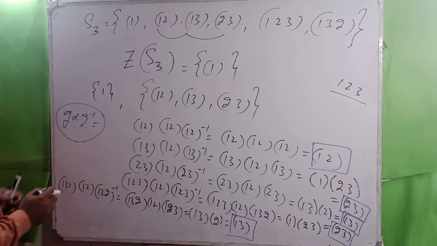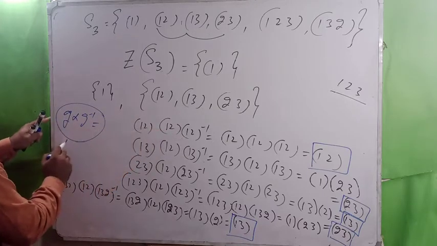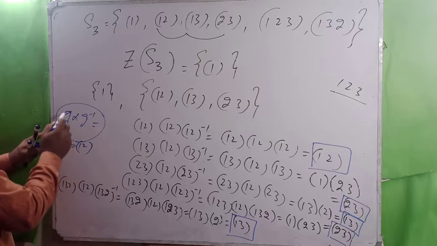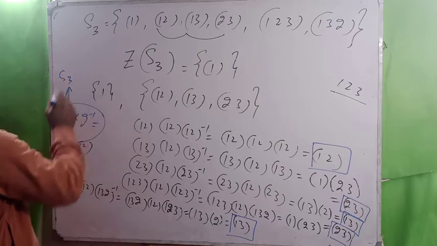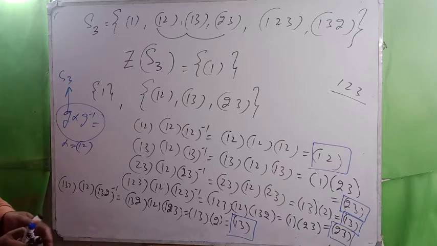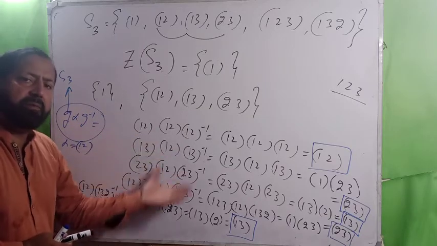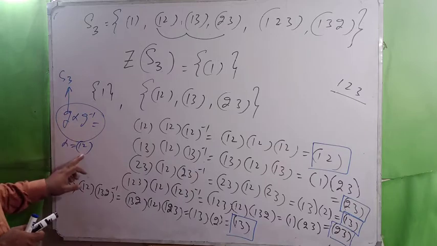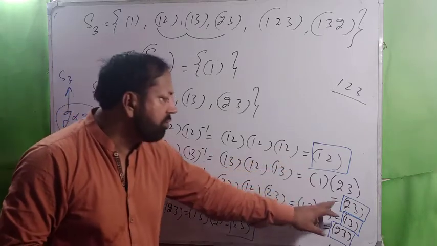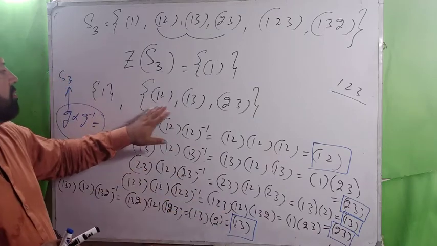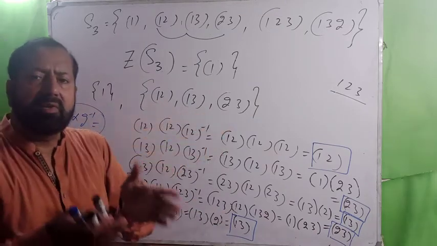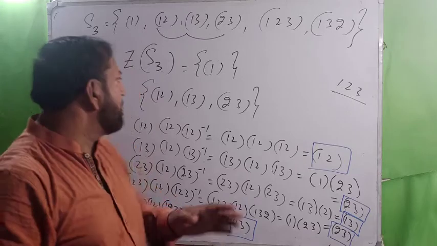These are the conjugate elements, and here alpha was (1 2), and G belongs to S3. G was an element of S3, so we have seen the behavior of all elements with (1 2). You have seen (1 2), (2 3), (1 3), these are (1 2), (1 3), (2 3). These are the three elements for the conjugacy class of (1 2).